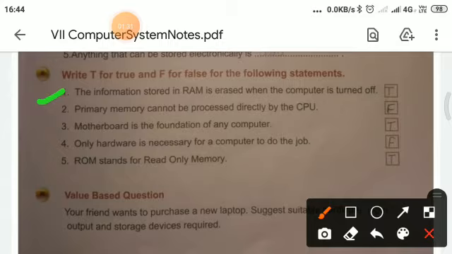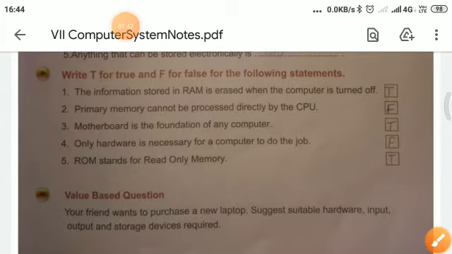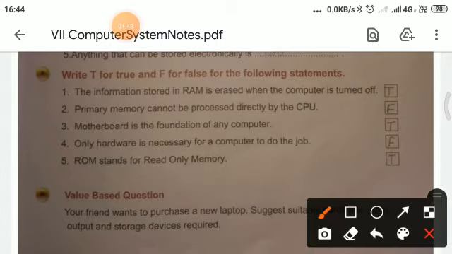Students, the given statement is correct, so you have to mark T within the block. And next, primary memory cannot be processed directly by the CPU. This statement is false, students, so you have to mark F for the statement.